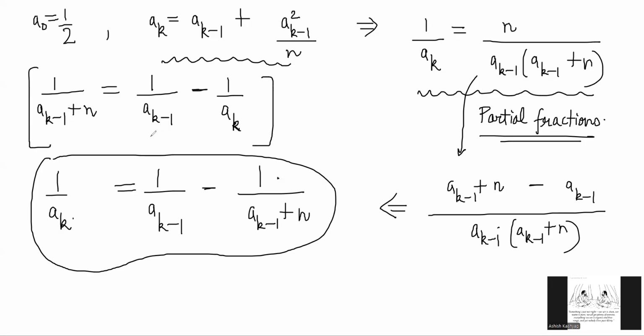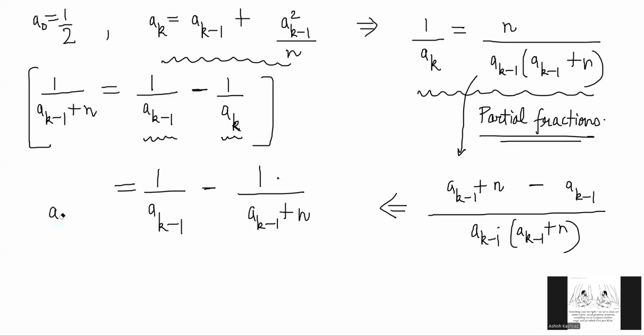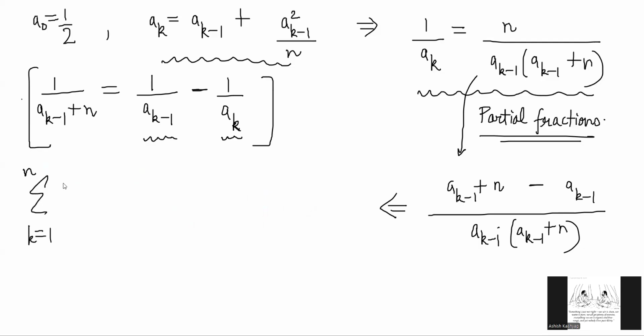Now you can sum it up because you notice that these terms differ by only one subscript. So if you sum up k from 1 to n, you will start getting some nice results. What I want to do here is sum over k from 1 to n on both sides.